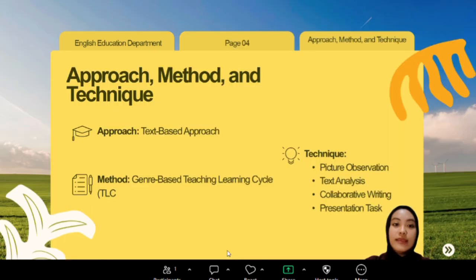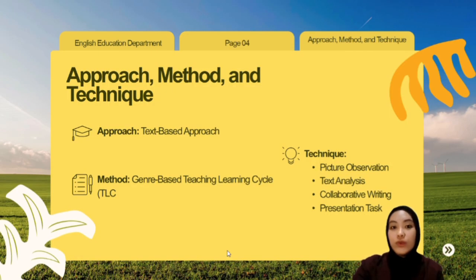And the next slide is about approach, method, and technique. This slide explains the instructional design used in my module. For the first, I use a text-based approach because students learn language through analyzing and producing text.